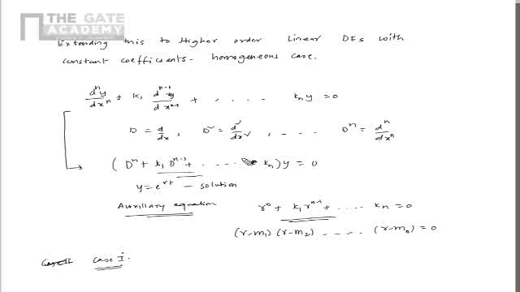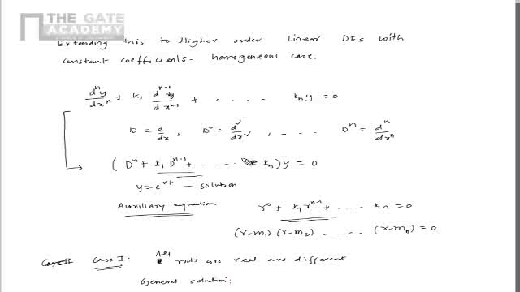Now let's say all the roots are real and unequal, I mean different. In that case, we can say that the general solution, so obviously then y = e^(r1 t), y = e^(r2 t), y = e^(r3 t).